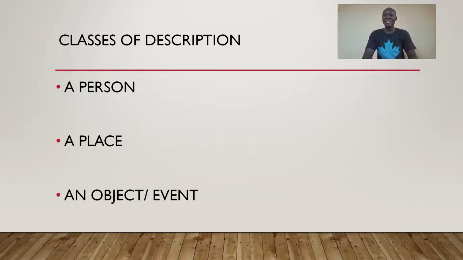For a place, you could be asked to write about your hometown or a place you visited before. For an event, you could be asked to write about a festival or a Christian or Muslim event you have witnessed before. These are mainly the types of descriptive essays students are required to write here in Ghana.